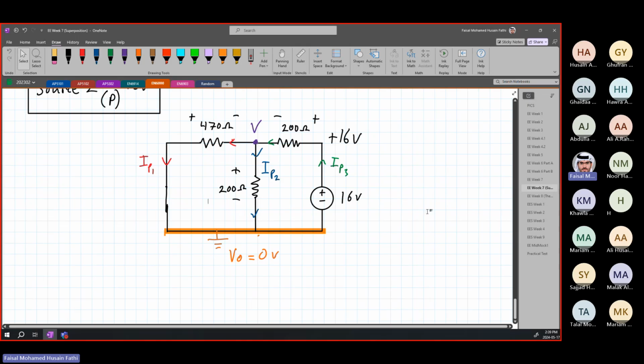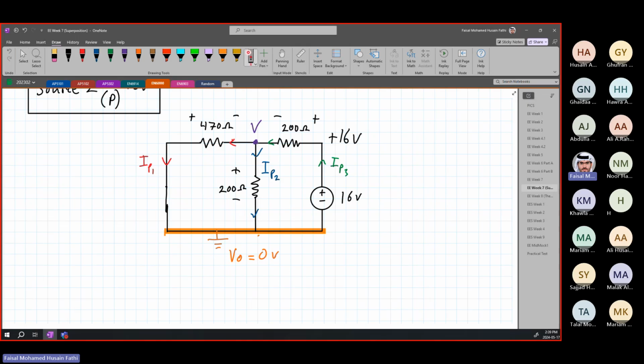Now, we do the exact same thing again. If you notice, these two resistors are in parallel with each other. First of all, let me fix polarities really quickly. This is going to be plus minus like this. So this resistor and this resistor are in parallel because they're connected at two points, here and here.